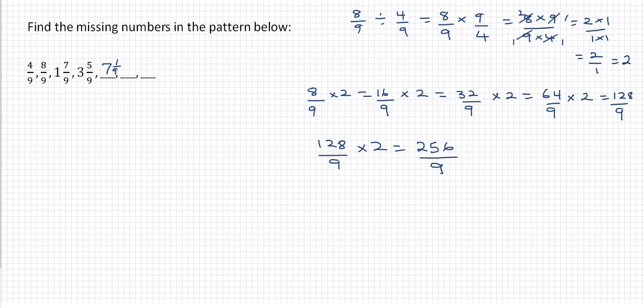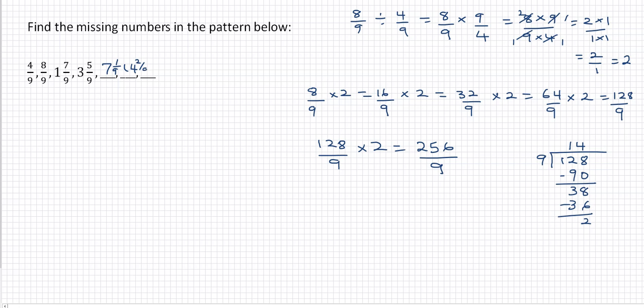Let's do some long division here quickly. 128 divided by 9. 12 divided by 9, you have 1. 1 multiplied by 9, you have 9. You subtract. And then you have 38. 38 divided by 9, you have 4. 4 times 9 is 36. Subtract, you have a remainder of 2. So this is going to give us 14, 2 over 9.